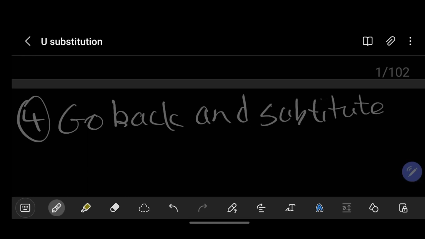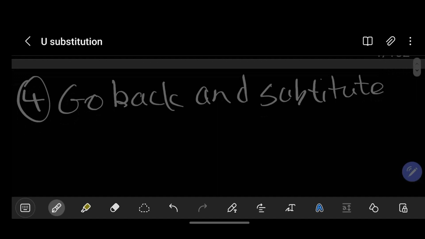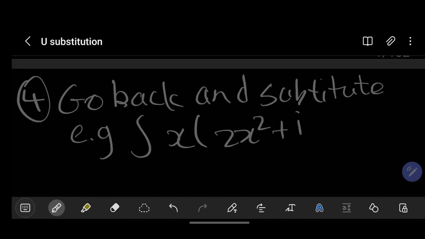Then your fourth step is to go back. So number 4, go back and substitute in the original. So let's say for an example, we had the integral of x times the square root of x squared plus 1 dx.